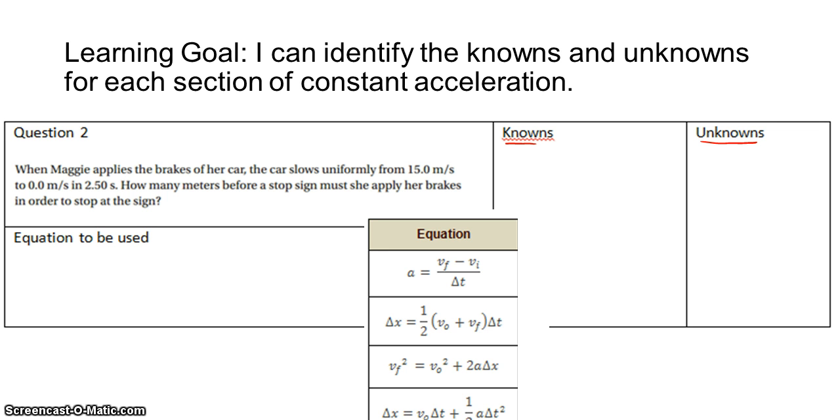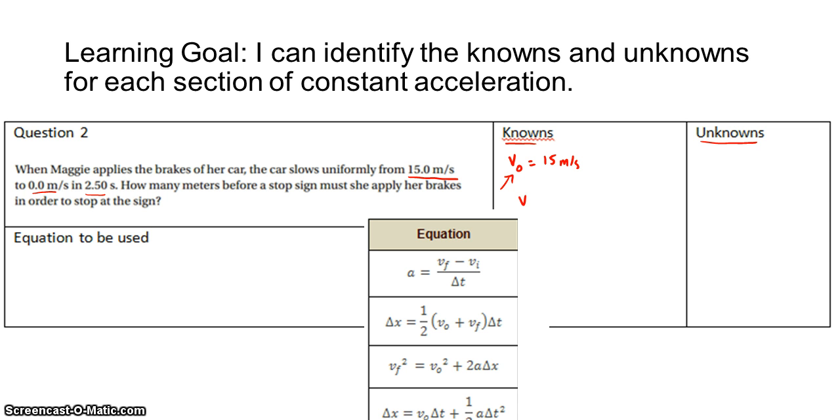When Maggie applies the brakes of her car, the car slows uniformly from 15 meters per second to 0 meters per second in 2.5 seconds. So if she's going from 15 to 0, I can say my initial speed, this is the initial speed right here, the symbol, is 15 meters per second.